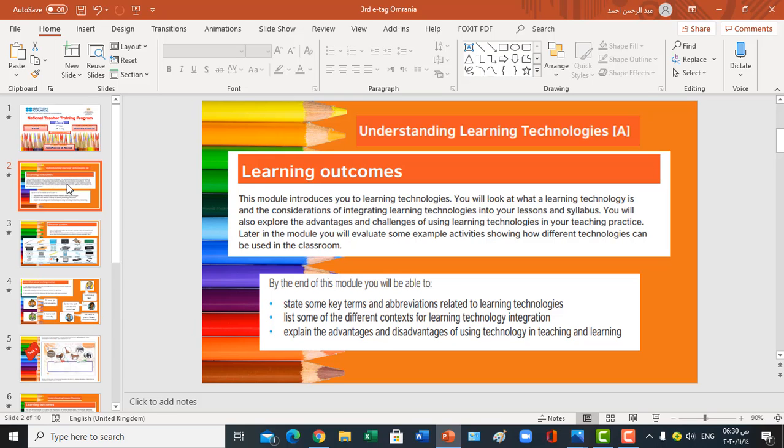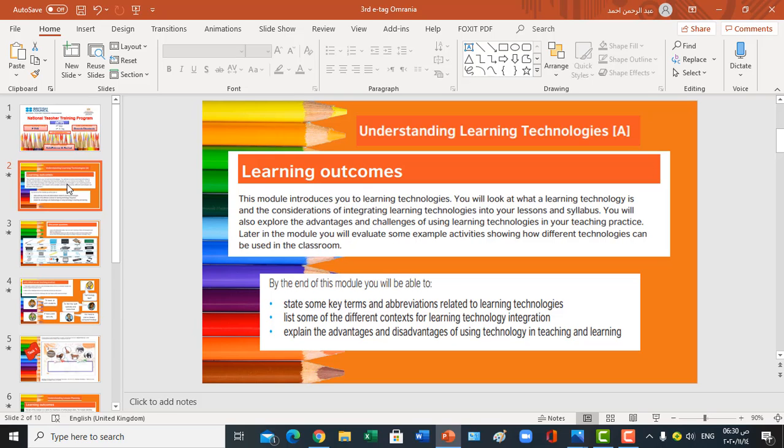So we'll have a kind of small discussion about the advantages of using some technologies and what are the challenges or disadvantages you face and how to overcome these disadvantages. Later in the module, you will evaluate some example activities showing how different technologies can be used in the classroom.